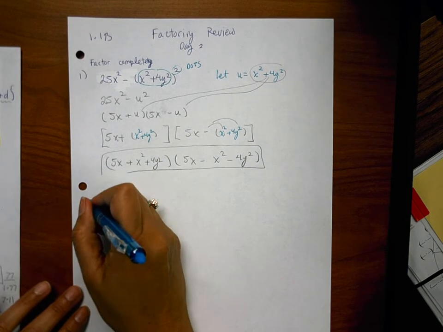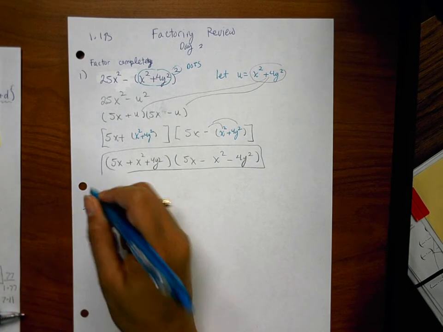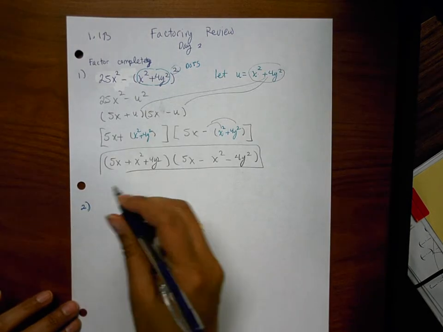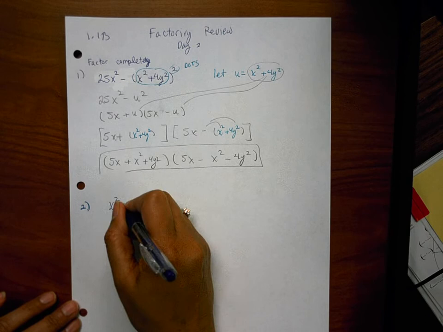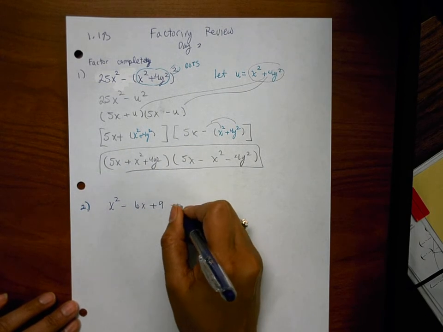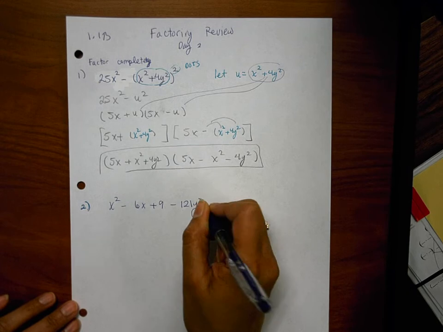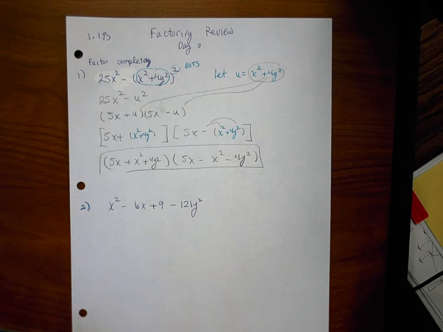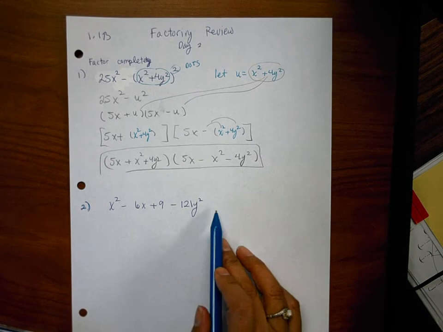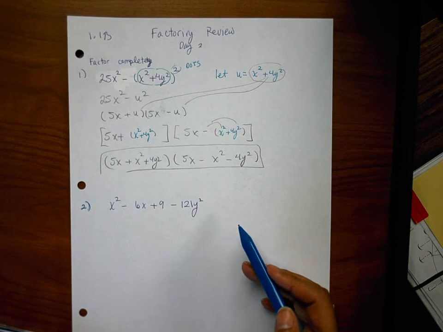Okay, number 2. x squared minus 6x plus 9 minus 121y squared. Okay, last year you learned factor by grouping. 4 terms, 1, 2, 3, 4. 4 terms means factor by grouping.